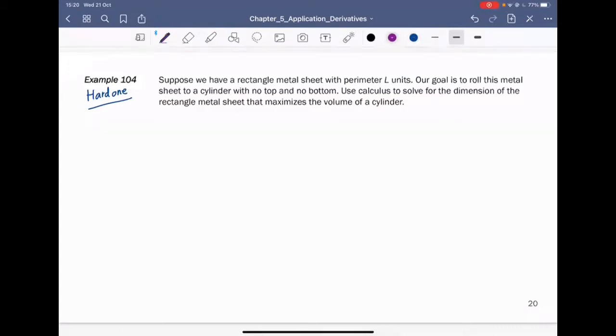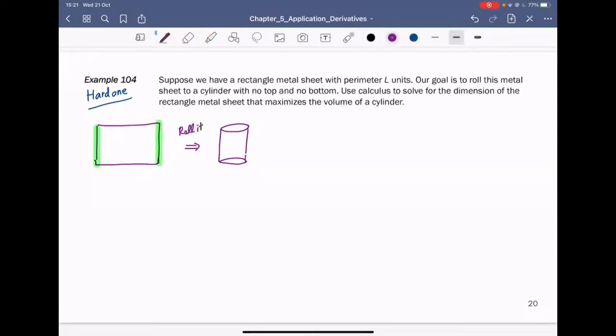So the idea is you have the metal sheet and then you want to roll it into the cylinder. When you roll it, you just put one side and the other side together, and attach them. So you're going to get a cylinder.